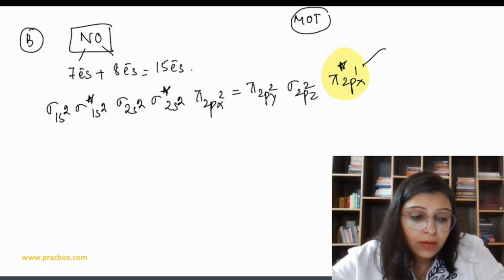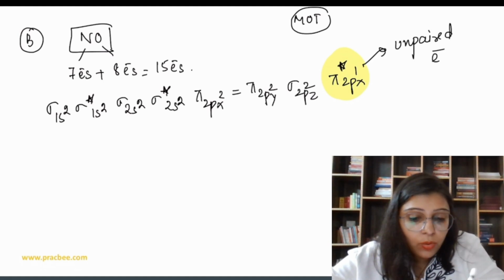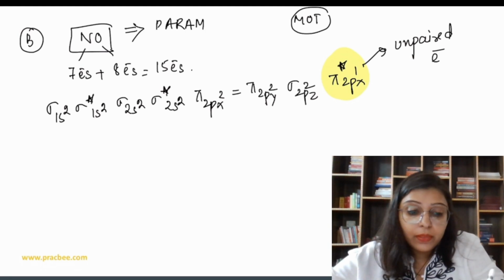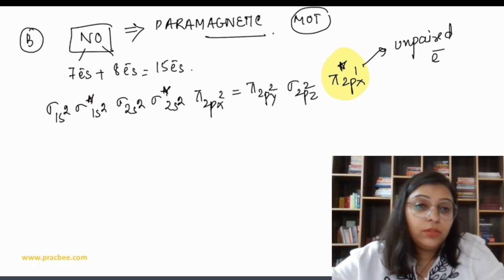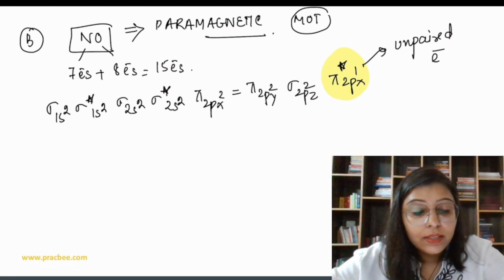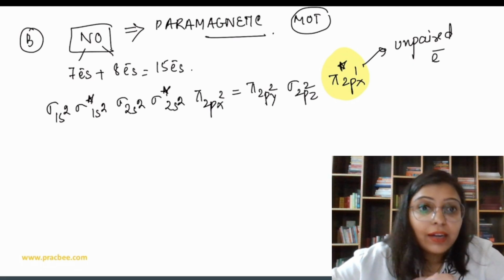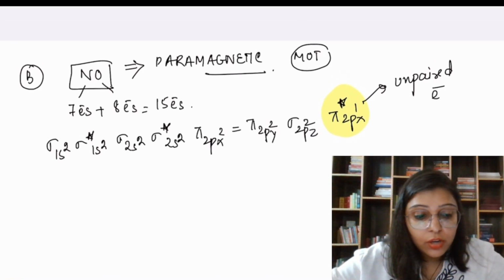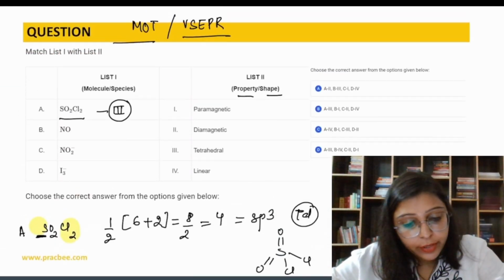So we have an unpaired electron over here. For the unpaired electron, NO is going to be paramagnetic due to the presence of the unpaired electron. And what are paramagnetic substances? Those substances which are weakly attracted by a magnetic field are known as paramagnetic substances. So B is going to be paramagnetic.